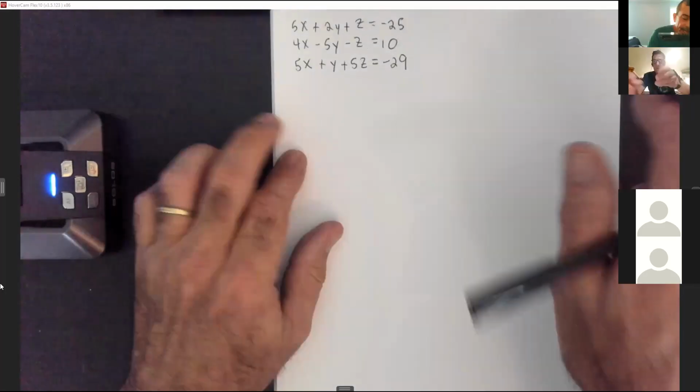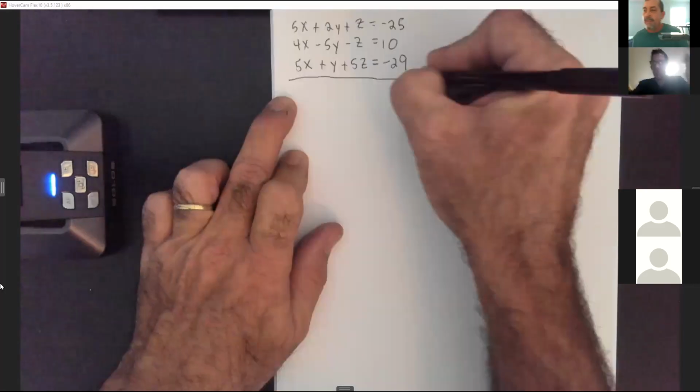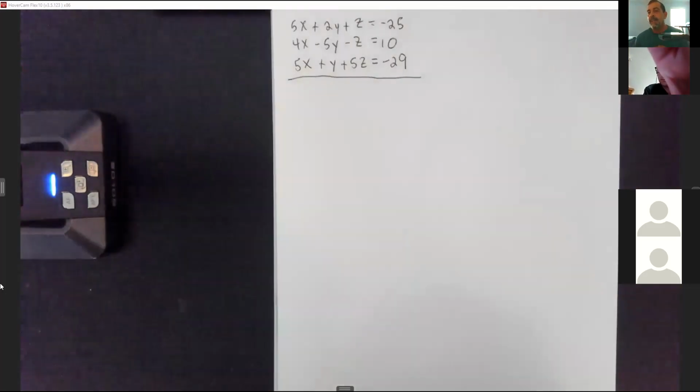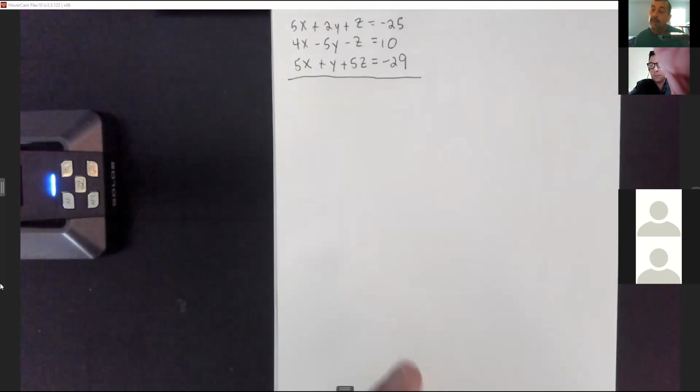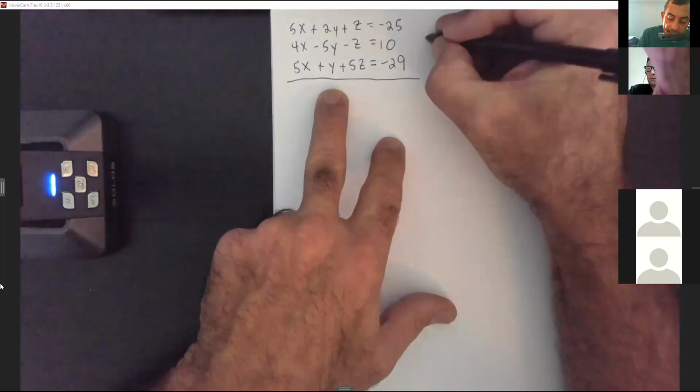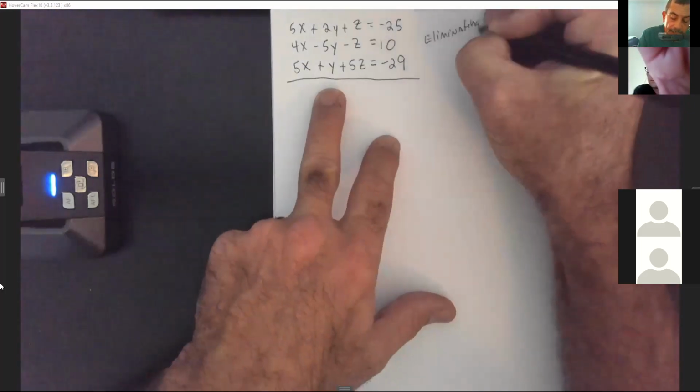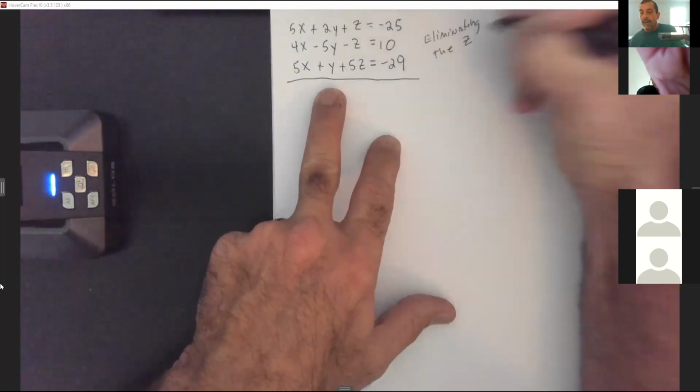All righty, so I've now got me a system of 3 variables, which means we got to start eliminating some of these variables until we can get it down to 1. So I see a variable that I would probably eliminate first that looks the easiest to get rid of, and that would probably be those z's. So what I'm going to do is I'm going to start out by eliminating the z variable, okay?